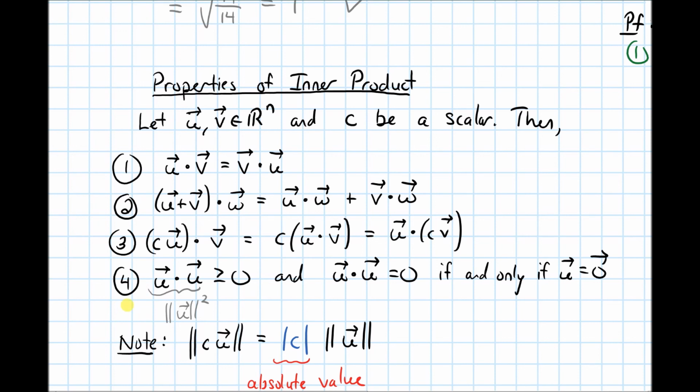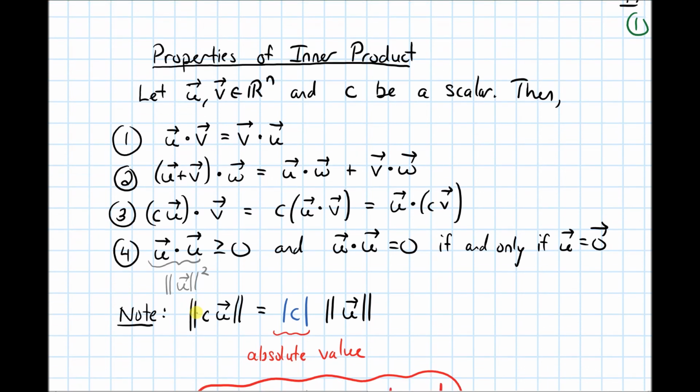The final thing that I want to note is, if we take the length of a vector u times a scalar, I can pull this scalar outside of this length operator, but when I do that, I need to put an absolute value around it. That's important because if c was negative, well, the length operator is supposed to give me a non-negative output. So having these absolute value bars around c is important to ensure that.